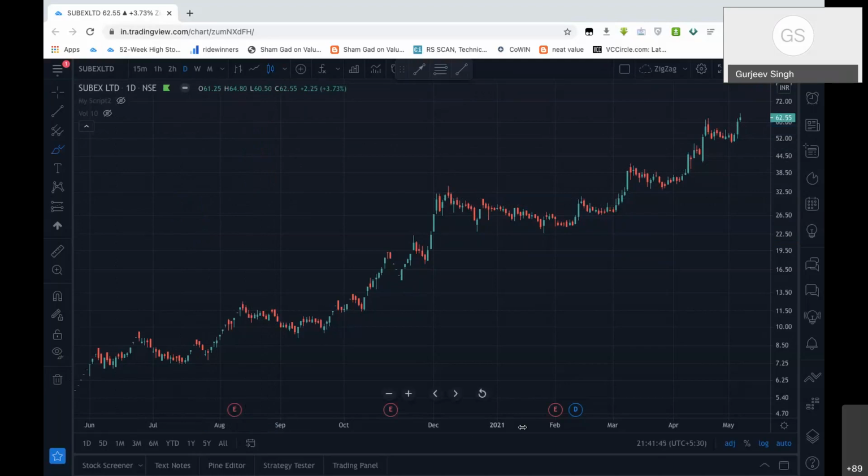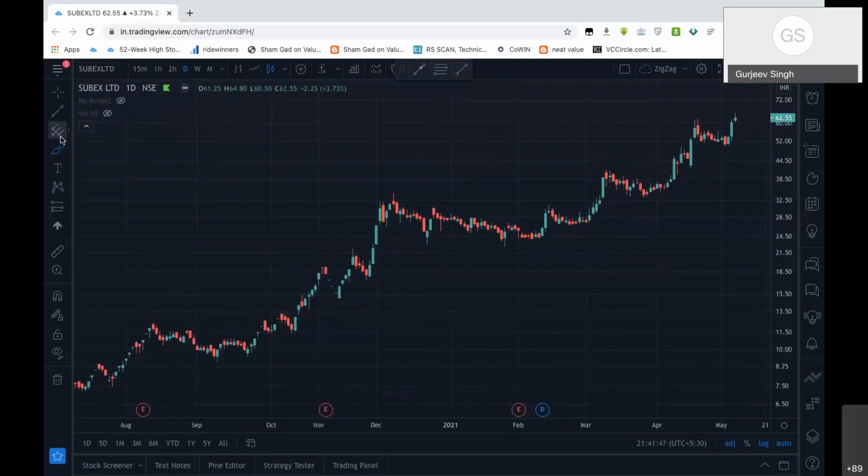Then we tried to identify these swing highs and swing lows on the chart just by looking at it. There might be some indicators which do similar work, but I again suggested we do manual work to learn the concept and get the hang of it.